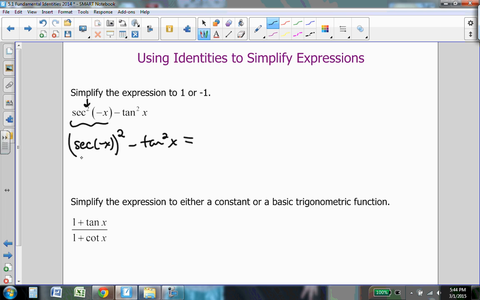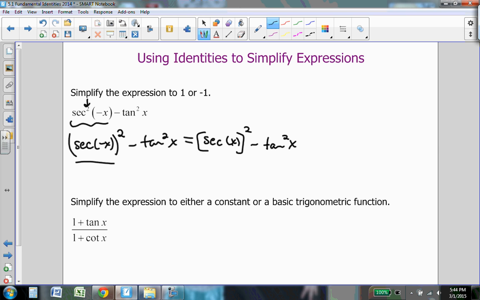And then looking carefully in here, with secant values, that's related to cosine. So that means that the secant of the opposite of x is actually the same thing as the secant of x, that quantity squared, minus the tangent squared of x still.